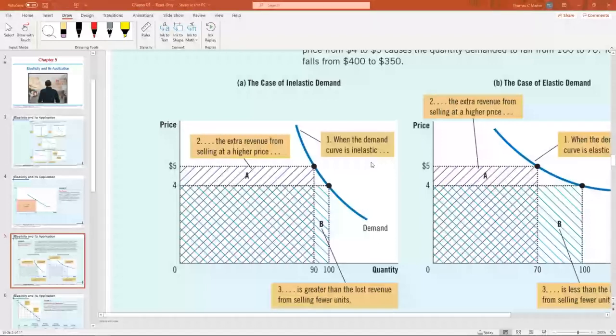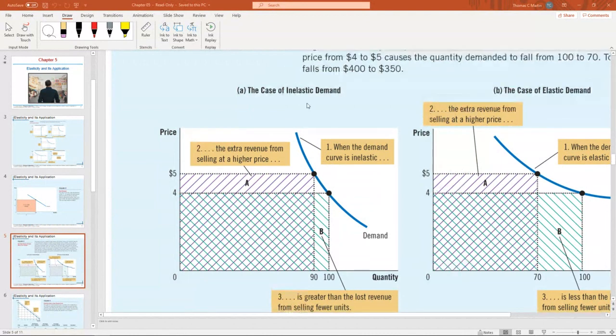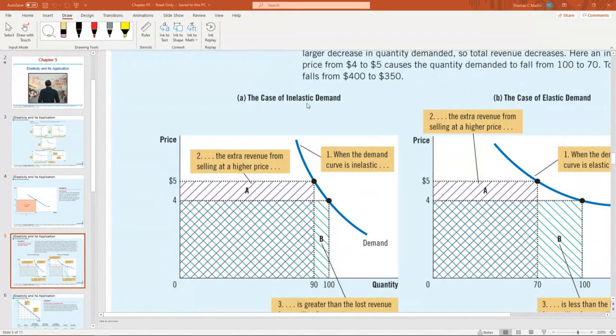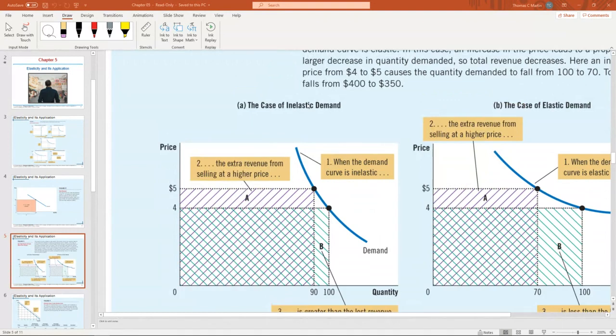In both of these, we have an elastic curve and an inelastic curve. As I said, the point where elasticity of demand is equal to 1 is somewhere up in here. And we can calculate the total revenue at each point. So at a price of 4, our revenue is $400.